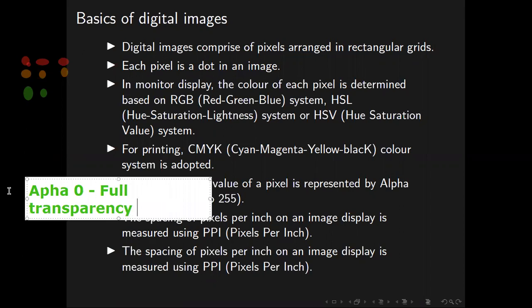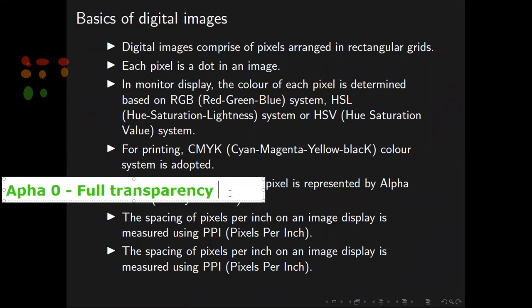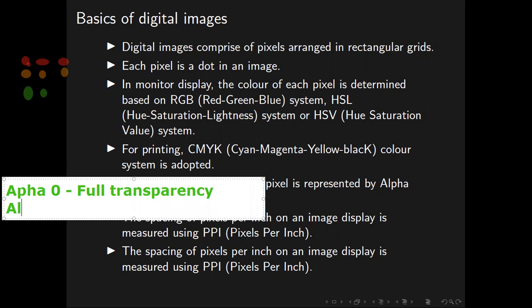Alpha 255 stands for... sorry, 0 means no transparency, and 255 stands for full transparency.